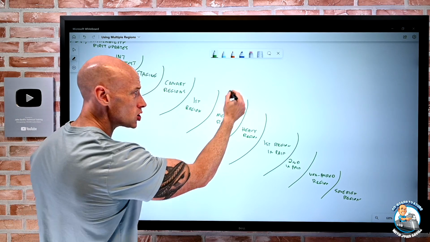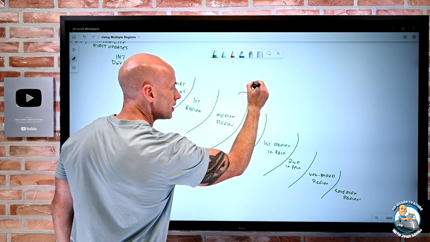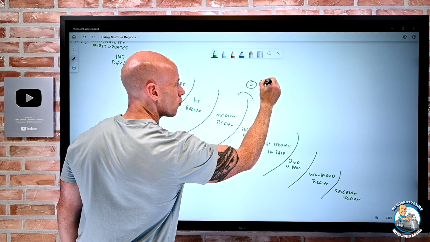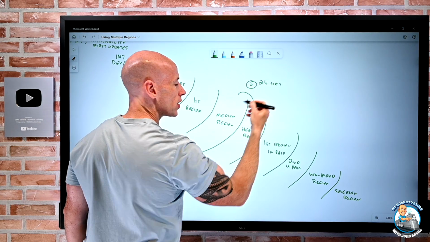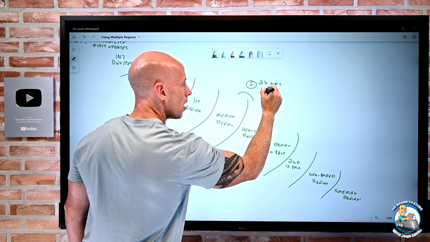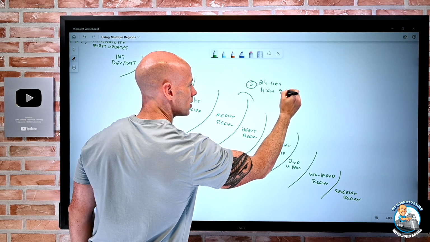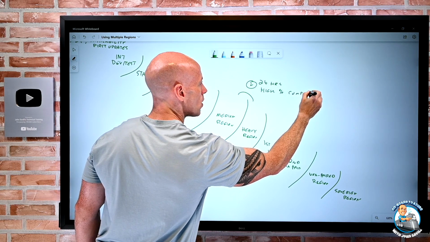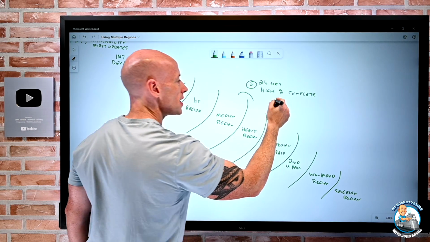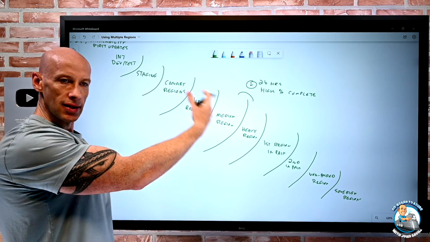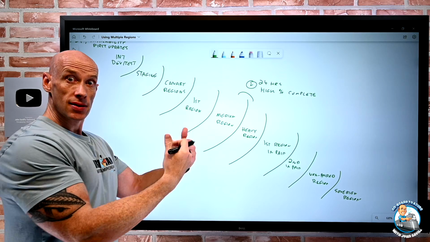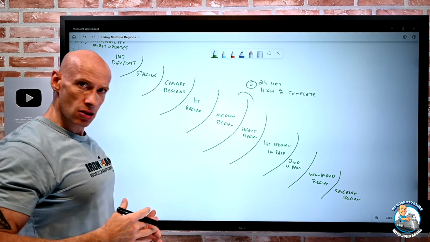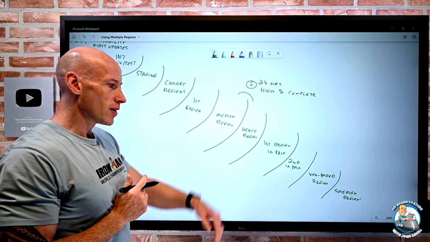And between each of these, generally, you have 24 hours. They wait 24 hours, and they want a high percentage complete. It won't move on until that change has had a high percentage rolled out and is successful. So it's really gates. It's gates to make sure this change is good before it carries on down the path.